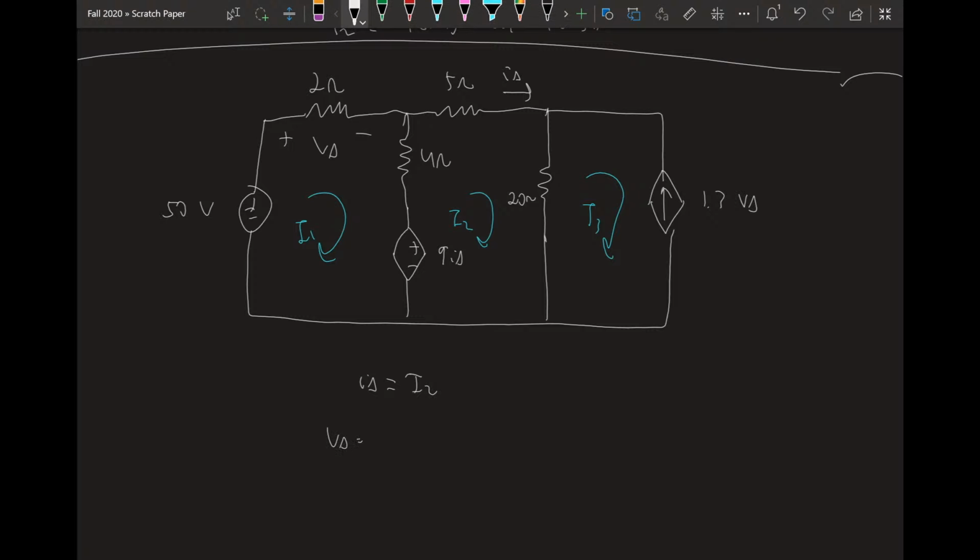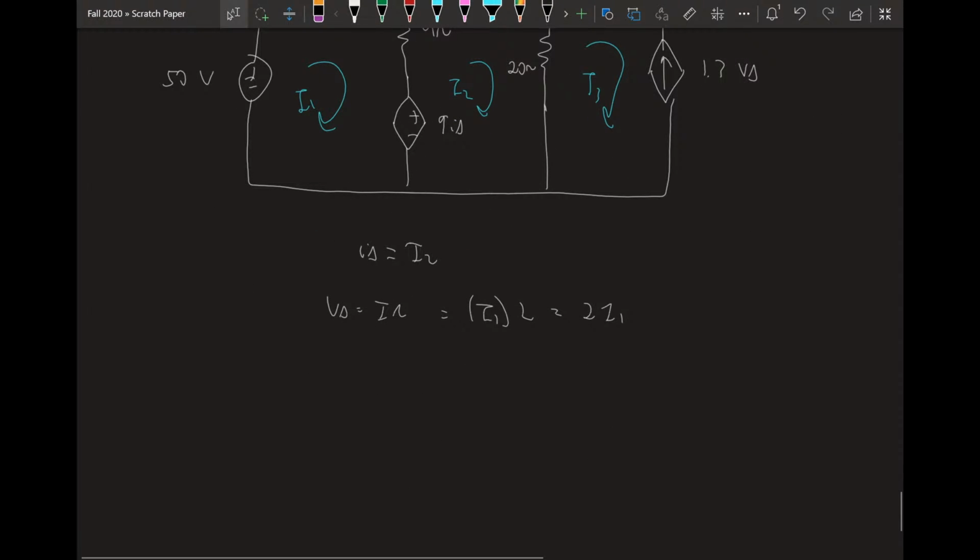V delta equals IR from Ohm's law, right? What's the I? The I is I1. What's the R? The R is 2. Equals 2 times I1. So now our dependent terms are themselves in terms of mesh currents, and we can plug them back in and solve once we get to that step.